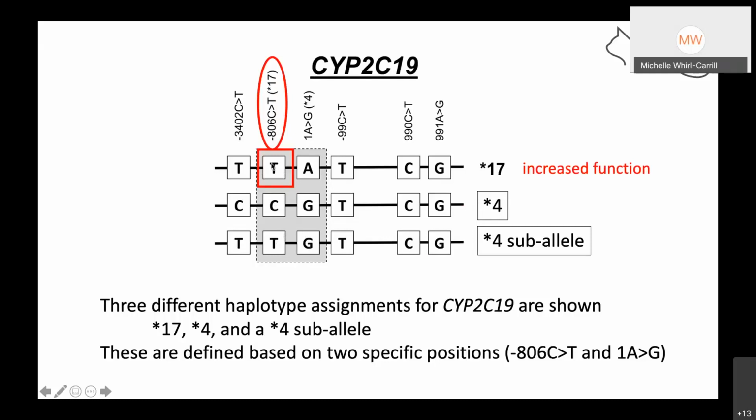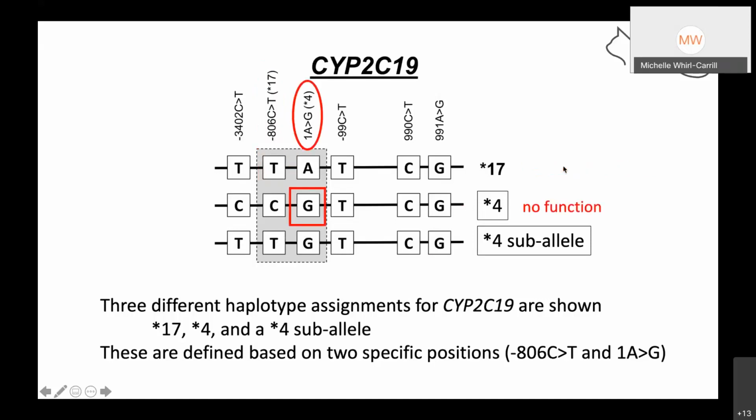So if you just have a T and an A in this particular combination of alleles, you are a star 17, which has an increased function. If, however, you have a G at this other position, you are a star 4, and that has no function. This is an upstream variant that turns up transcription, and so if you have this T, you're making a lot more.